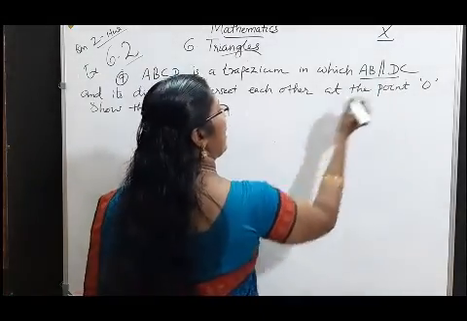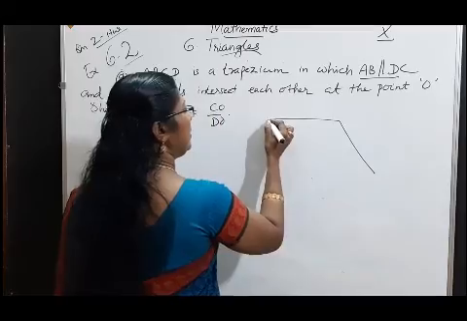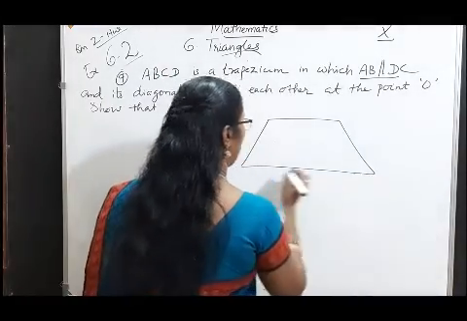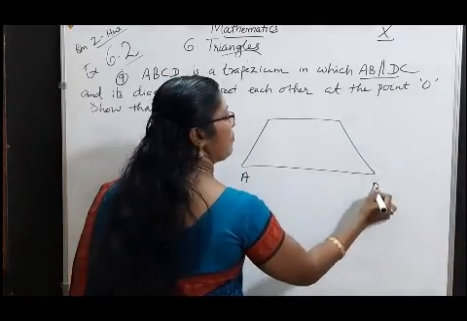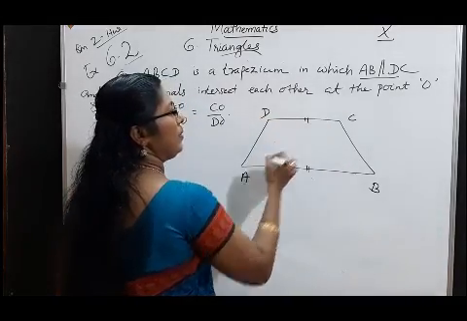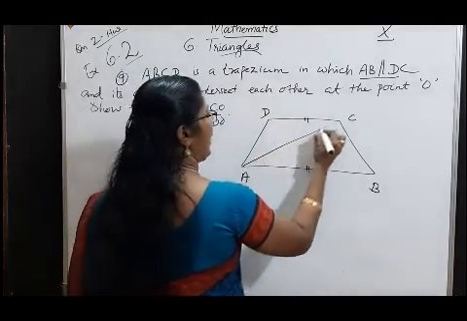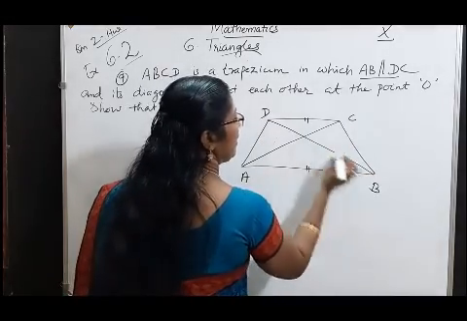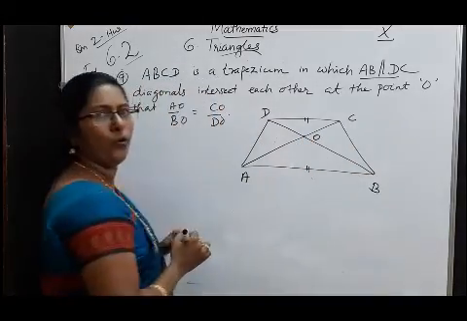Here AB parallel DC is given, and the diagonals intersect at O.